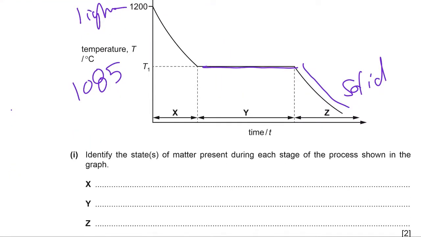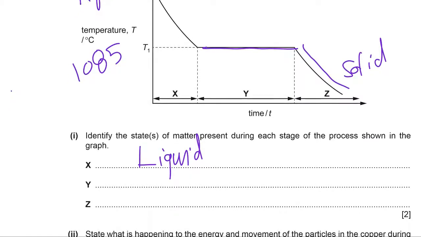Identify the state of matter present during each stage of the process shown in the graph. So X, it's liquid. Y, here we said it's solidifying. That means here you can say liquid and solid.